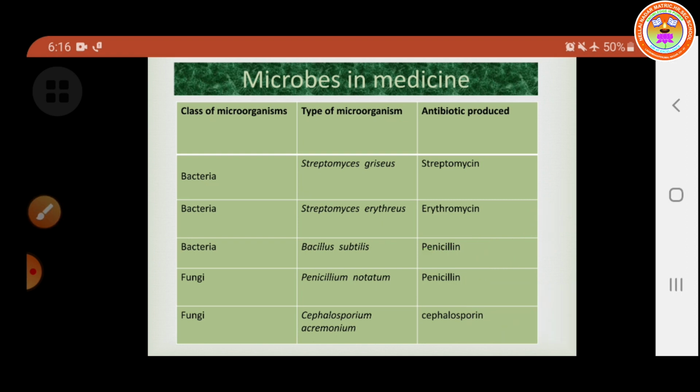Okay, so from the fungi Cephalosporium eremonium, cephalosporin is produced. Are you clear?